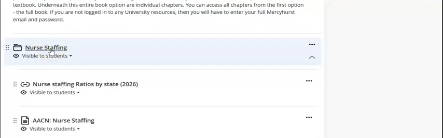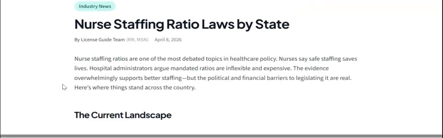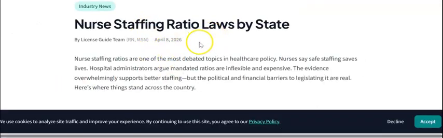And let's look at the nurse staffing because I've located a wonderful online source that is up to date, because otherwise I was piecemealing things because there's been so much change. But nurse staffing ratios by state, and you can see it was updated in 2026.